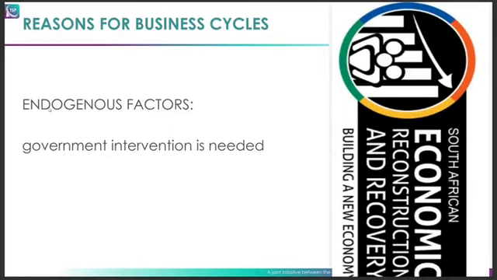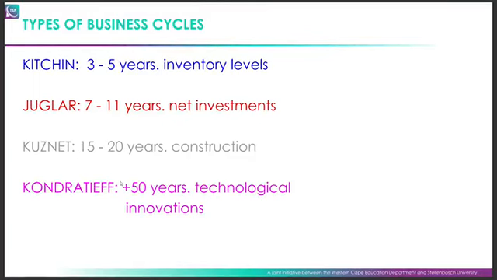The economists who follow this school of thought believe that government intervention is necessary, because they say the markets are unstable and demand and supply is not enough to correct the problems. So therefore, you have to get the government involved in the economy to rectify this. And the way they get involved is through the various policies which they employ and implement. The types of business cycles that we get, there are 1, 2, 3, 4 of them.